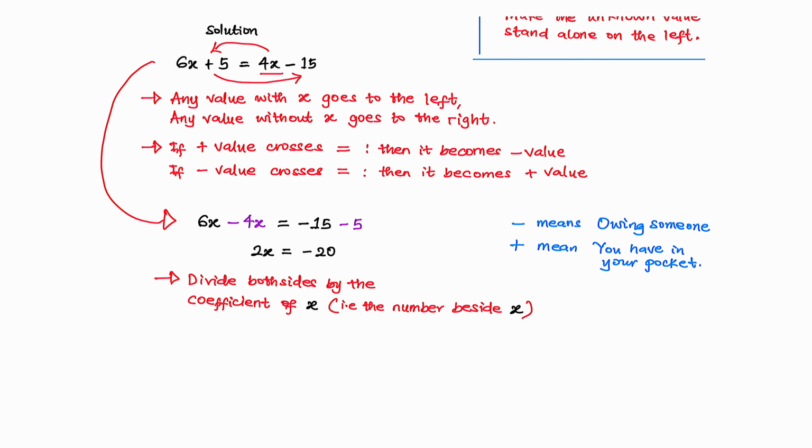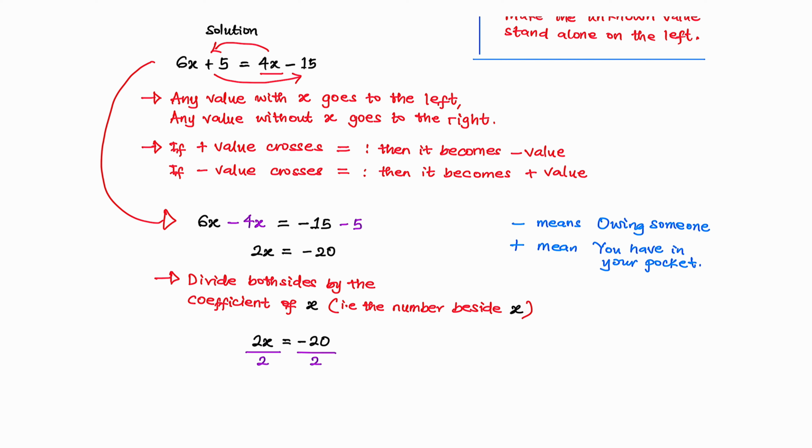Going from what we have, 2x equals minus 20, when we go to x here, we can see that the number beside x is plus 2. The coefficient of x is plus 2, or you can simply keep it as 2. So we have 2x divided by 2, and we have minus 20 also divided by 2.